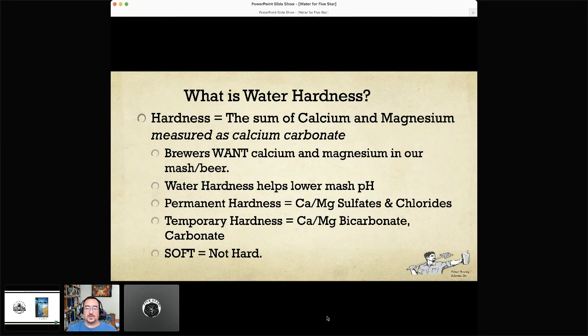And we talk about temporary hardness: this is calcium and magnesium that are dissolved from bicarbonate and carbonate, low solubility salts. And soft water is simply not hard, okay? Soft water has low concentrations of calcium and magnesium. It doesn't say anything about alkalinity in the water.